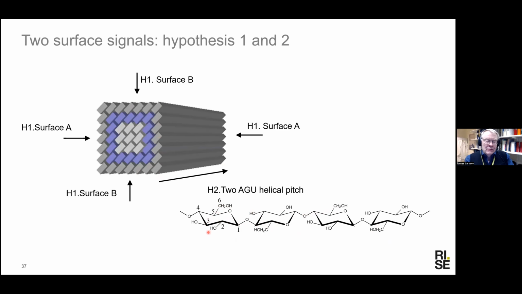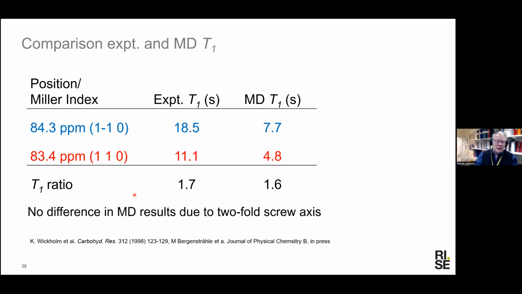So we made MD simulations and looked at the mobility, or indirectly the relaxation time. You can calculate the relaxation time from the molecular mobility between those two and between the pairs of surfaces. The outcome was that we couldn't see any difference in the MD results due to the twofold screw axis, that's along the fibril length.